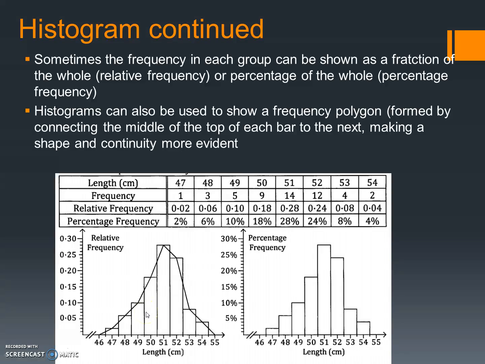A frequency polygon is formed by connecting the middle of each bar to the next bar, to the next one, to the next one. It makes a shape which can help make the continuity or the changes more evident.